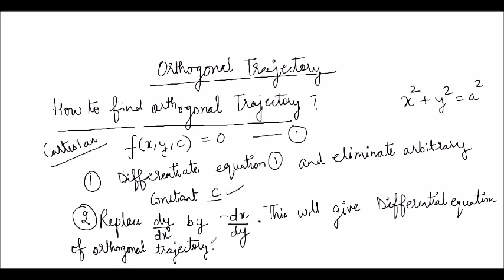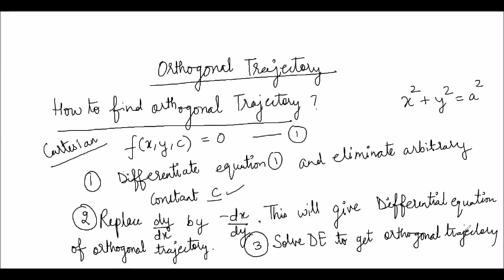Just solve that differential equation and the solution will be the required orthogonal trajectory. So what will be the third step? Solve the differential equation (DE stands for differential equation) to get the orthogonal trajectory. So these are the 3 steps involved for finding the orthogonal trajectory from the given family of curves, which we have named as equation 1.